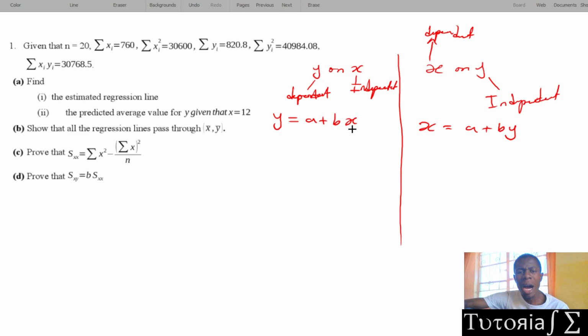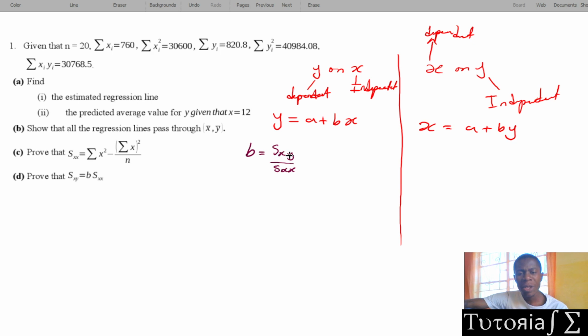So now, how do you find a and b when y is dependent on x, and when x is dependent on y? For y on x, b is equal to Sxy over Sxx.